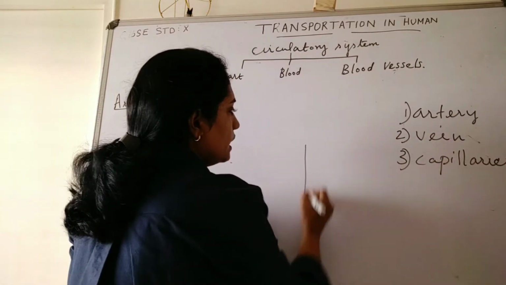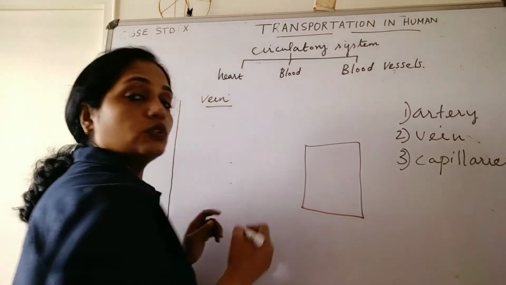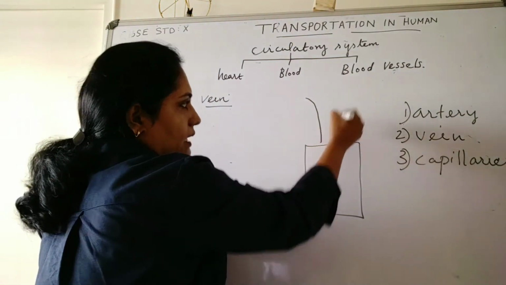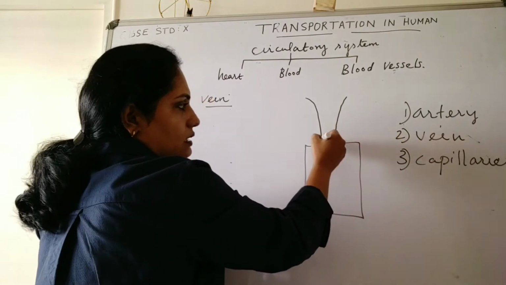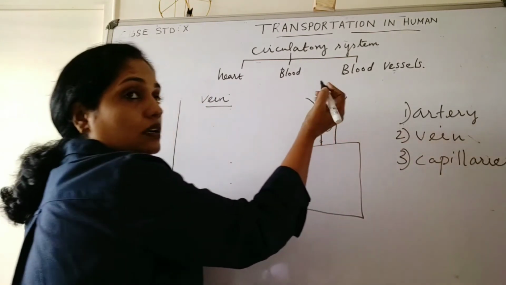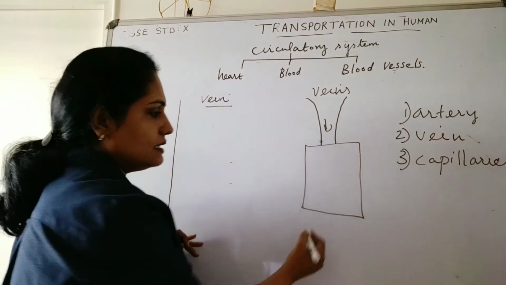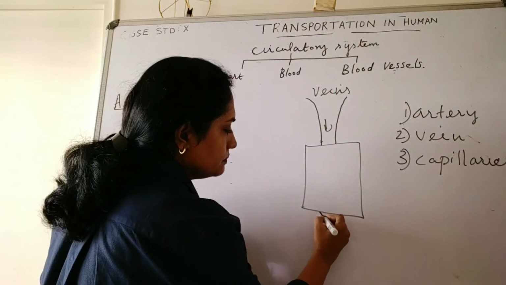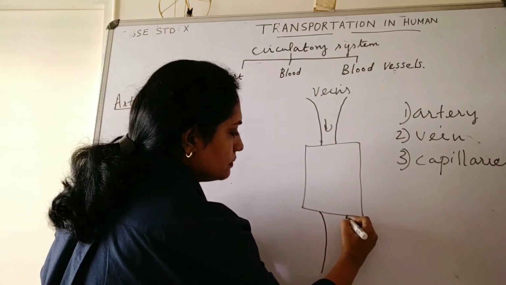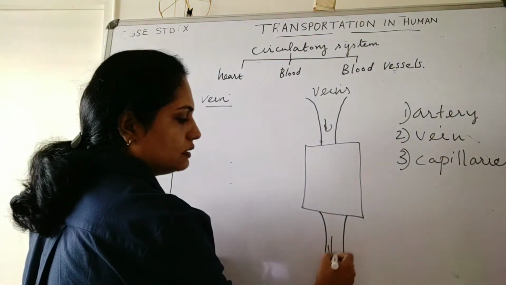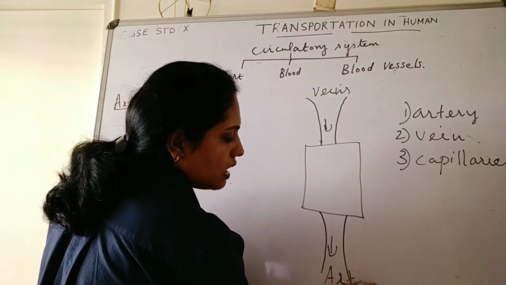See, if this is the heart, those blood vessels that carry blood towards the heart are called veins. Those blood vessels that carry blood away from the heart are called arteries.